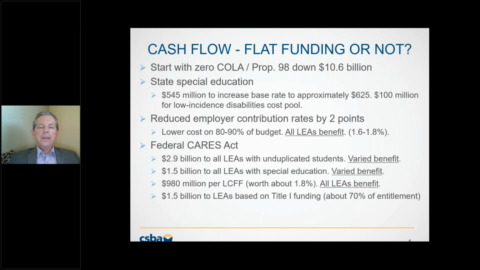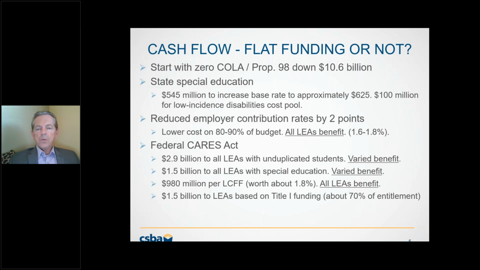So this is a varied benefit to your LEA, and it depends on where you were in 2019-2020 in your base rate. If you have a special education base rate of $700, you're not in this money at all. But if you had a base rate of, let's say, $575, then you're going to see an increase of about $50 per student on your special education AB 602 formula.